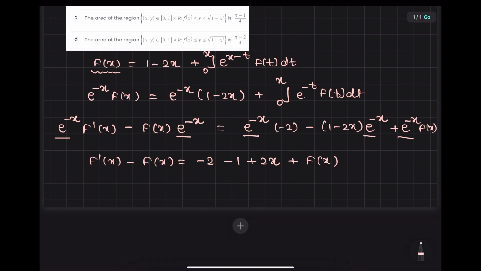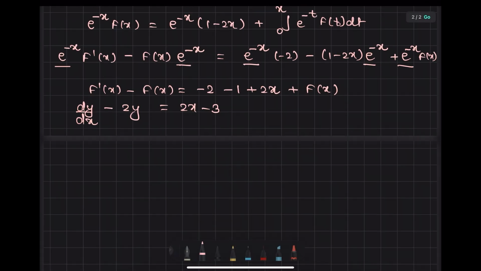Now can we keep this f of x on the left-hand side? f dash x can be written as dy by dx, minus f of x. So 2 times f of x will become 2 times y, equal to 2x minus 3. So we got our differential equation. Now we have to solve this differential equation.